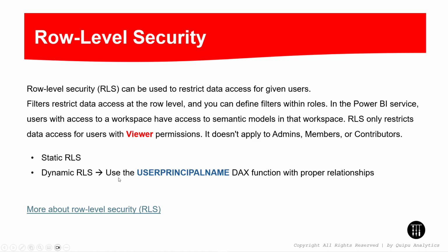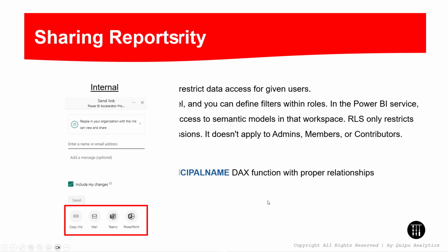The difference is that dynamic uses DAX functions, and this is the function that we usually use to create a dynamic role level security: USERPRINCIPALNAME. And it changes dynamically based on the username or email address. If you want to learn more about role level security, there is more information here as well. Just click on this link and then you're going to be good to go.